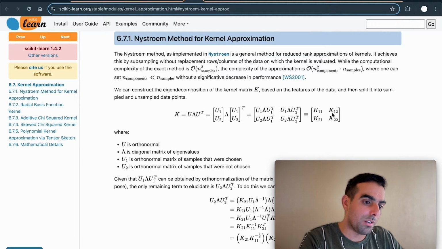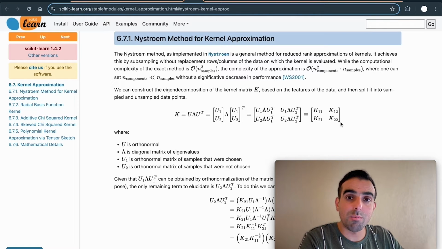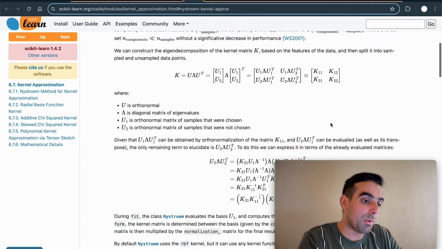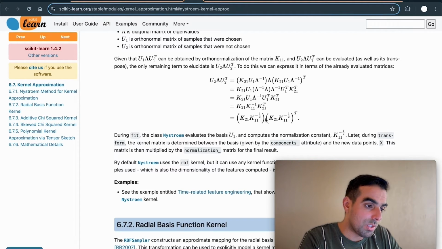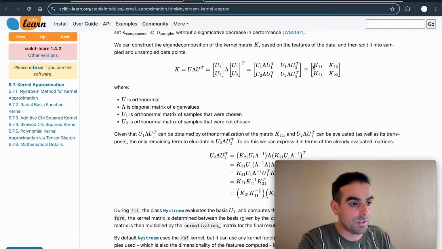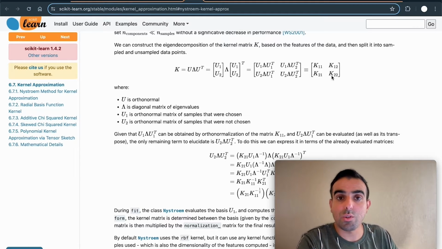But here is the bottleneck. K22 is the similarity matrix of all the points in the dataset. So to avoid the computational bottleneck, we just avoid computing K22. K22 can be approximated using this term here. So the whole adjacency matrix can be approximated from these three parts, which are very small compared to this part of the adjacency matrix. This is how the Nystrom method can approximate the adjacency matrix.